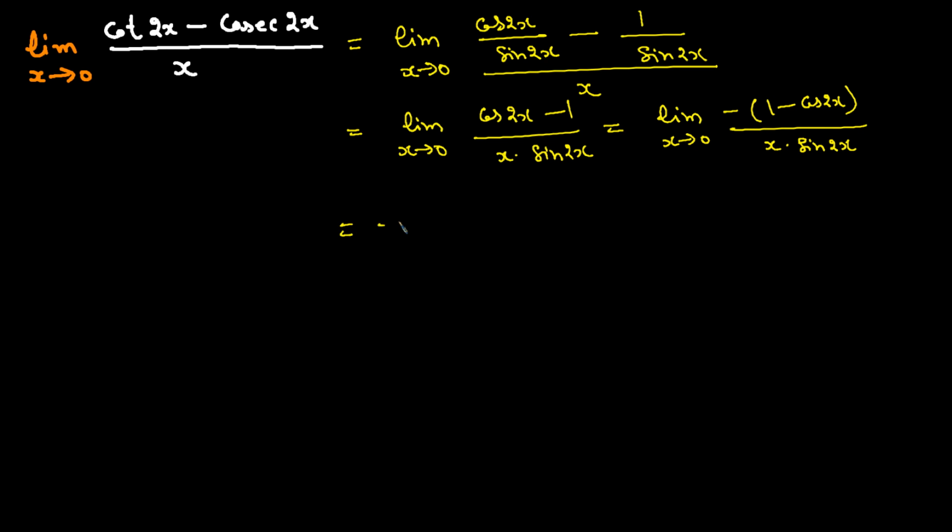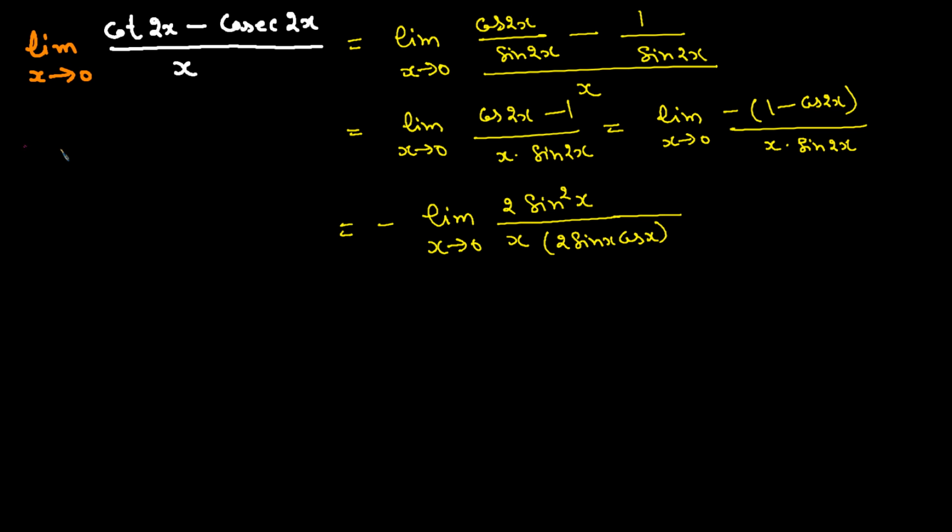So that gives me negative limit as x approaches 0, and 1 minus cos 2x is basically 2 sine squared x, over x times sine 2x, and sine 2x is equal to 2 sine x cosine x. So that is another trigonometric identity.